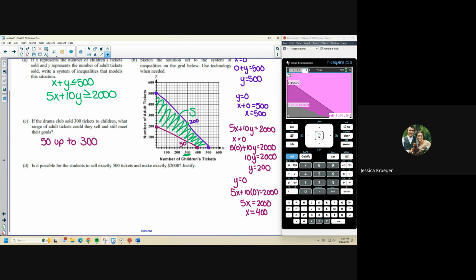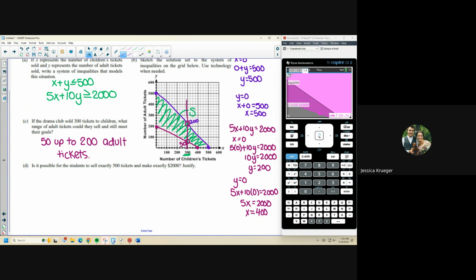Nope, just kidding, 200. I was going to say 200 adult tickets. And again, that's just figuring out if we sell 300 children's tickets, what are our possible options? Our adult tickets could be anywhere in between there.